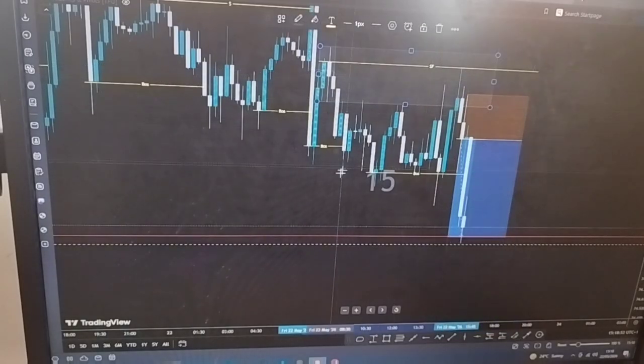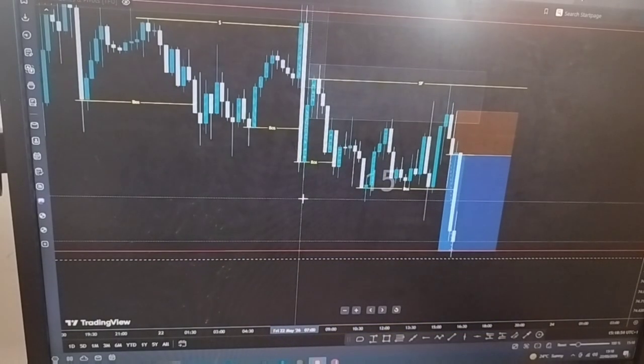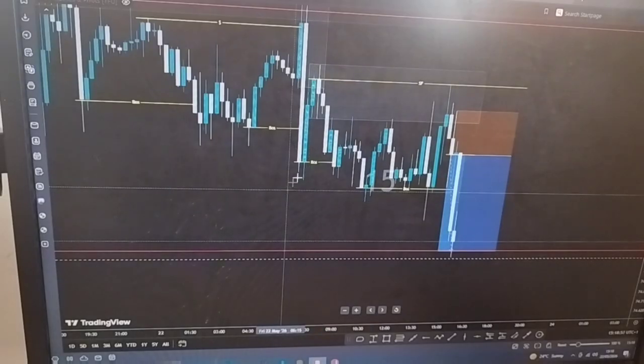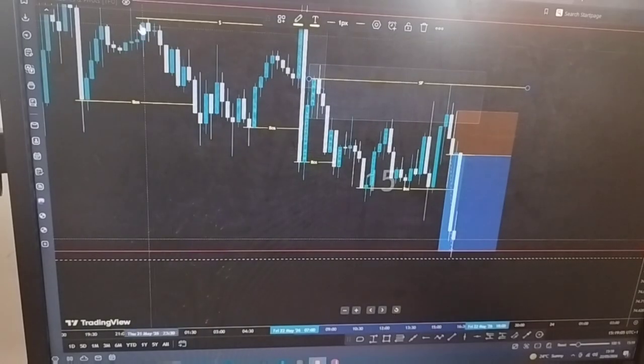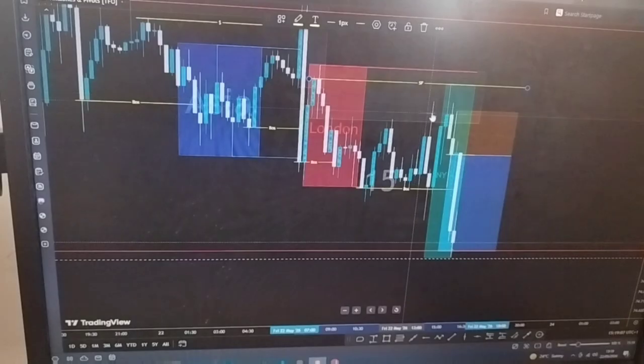All right, now for me to say that the market has changed character, I need market to close with a body candle above this level. Okay, now the last push that happened during my time window still failed to do that.